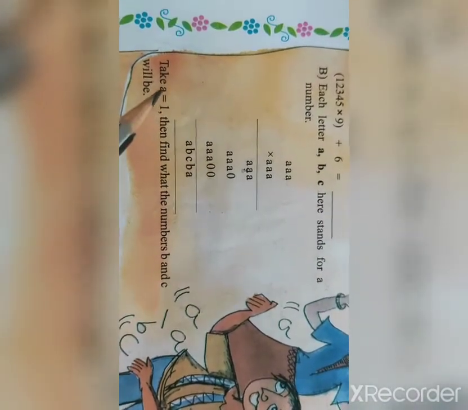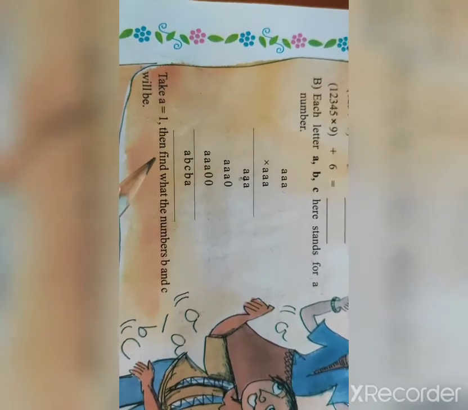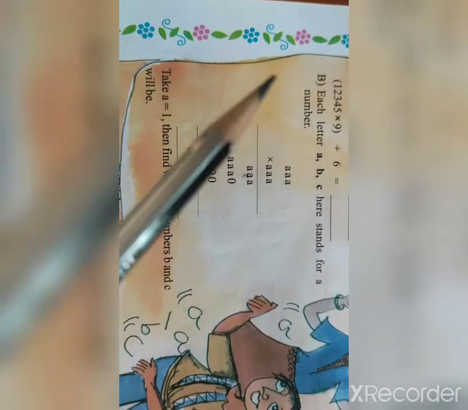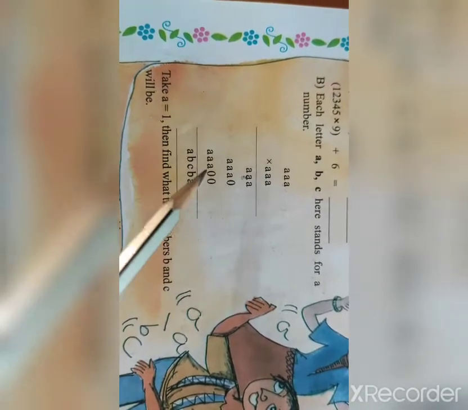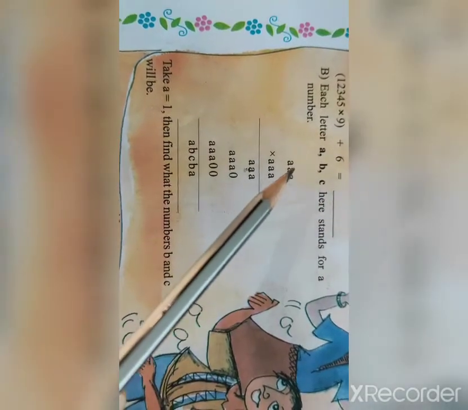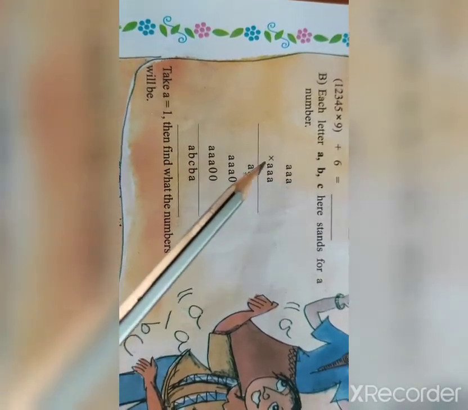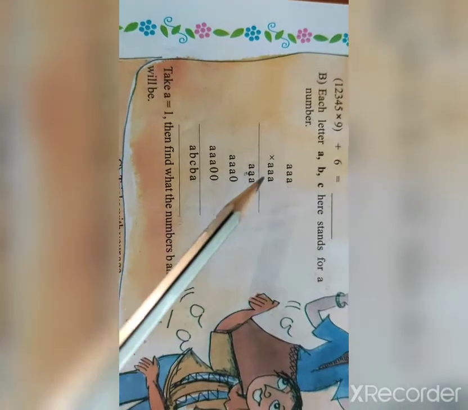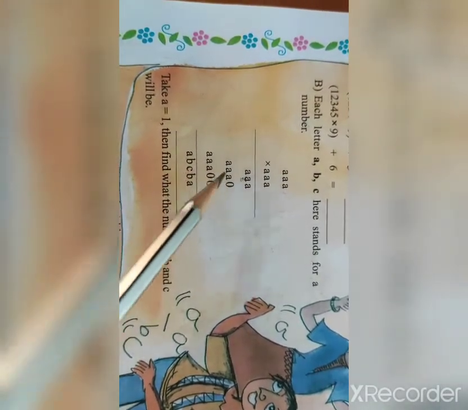Now if we take A equal to 1, then what will happen? Then find what the numbers B and C will be. So after A, B comes. After 1, 2 comes. So here A equal to 1. So 1, 1, 1, 1, 1, 1, 1, 1, 1, 1, 1, 0, 1, 1, 1, 0, 0.